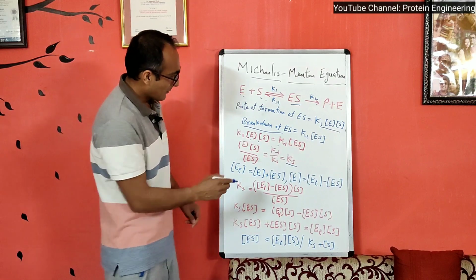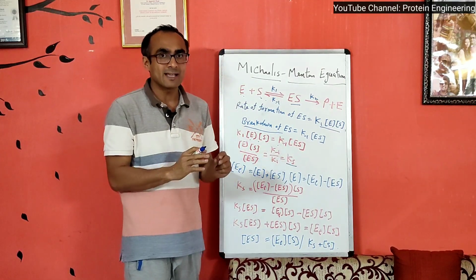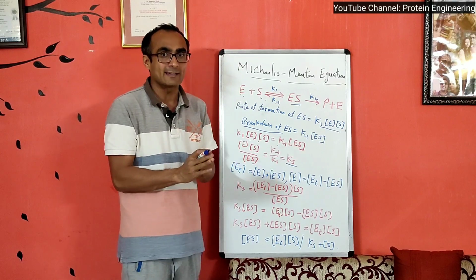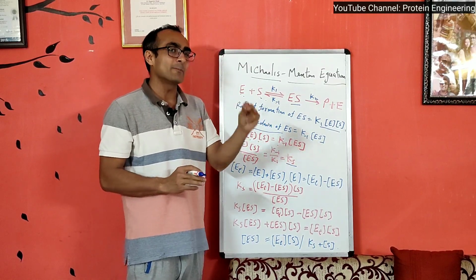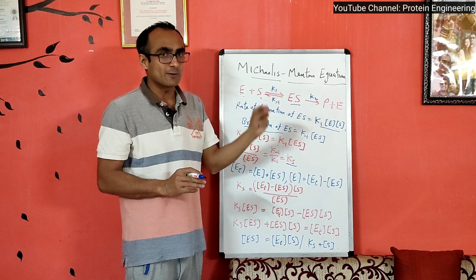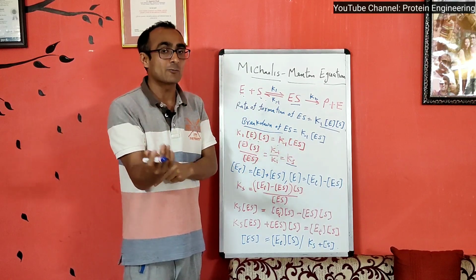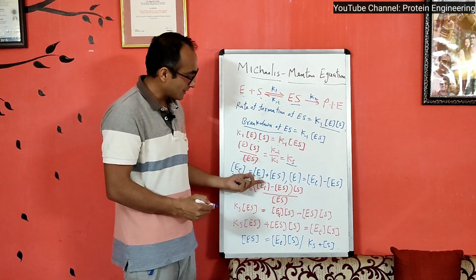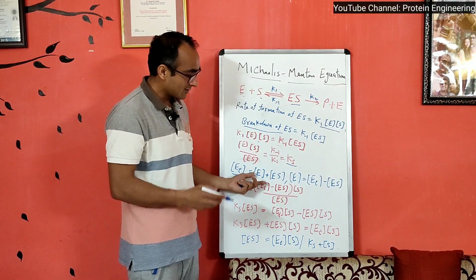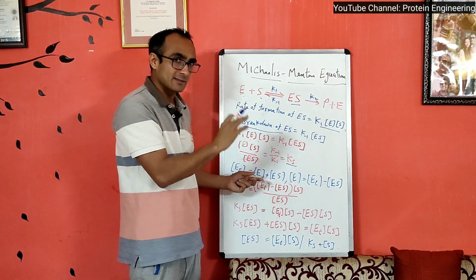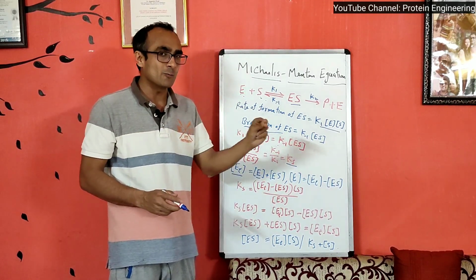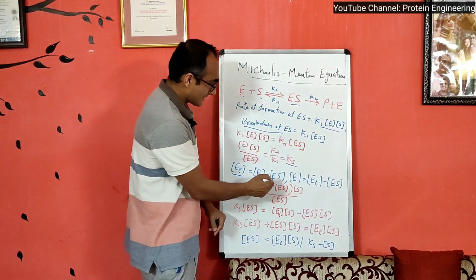Now in an enzymatic reaction, the concentration of free enzyme depends on how much enzyme is being used in ES complex formation and how much total enzyme was there. So total enzyme concentration ET is equal to free enzyme, because some of the enzyme molecules remain in solution in free form, that is E, and some enzymes form complex with substrate and form ES complex.